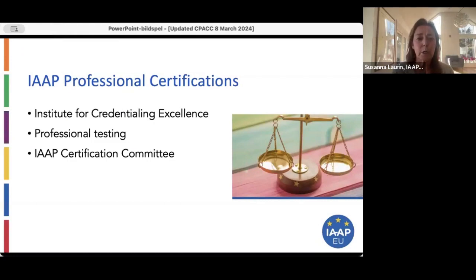And to support us with that, we also work together with Professional Testing. So they are actually leading the work on all the exam questions, the item writing and all of that. And then, of course, it's the subject matter experts of IAAP, members and volunteers that work with the actual content of the process, but we would never be able to have such good certifications if we weren't part of these other organizations that support us with making sure that our certifications are up to date with what is happening all over the world.